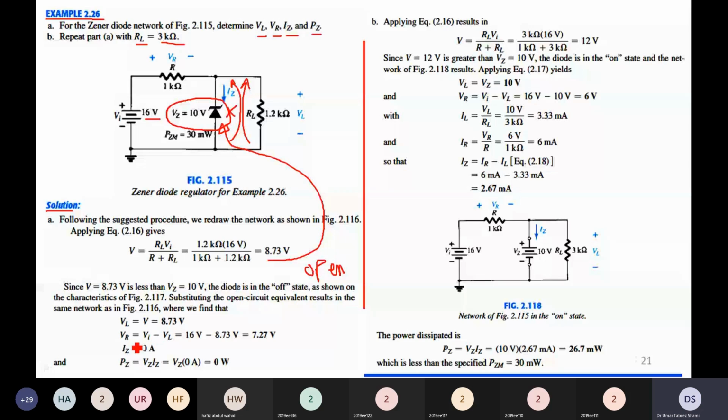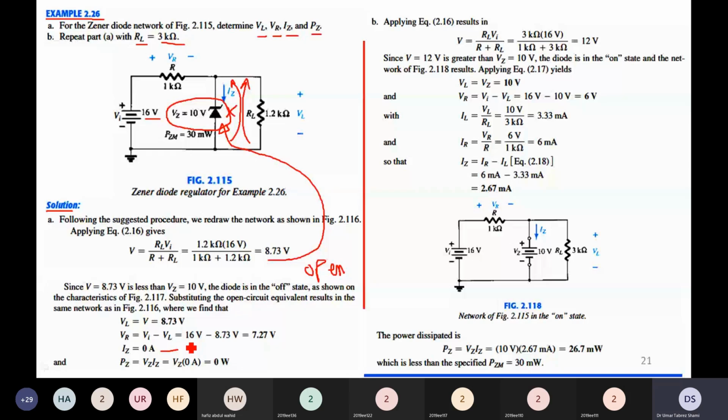Voltage across the series resistance VR is equal to 7.27 volts, and current through the Zener diode is 0 ampere. Therefore, the power dissipated through the Zener diode is 0 watts. So these are VL, VR, IZ and PZ for part A.